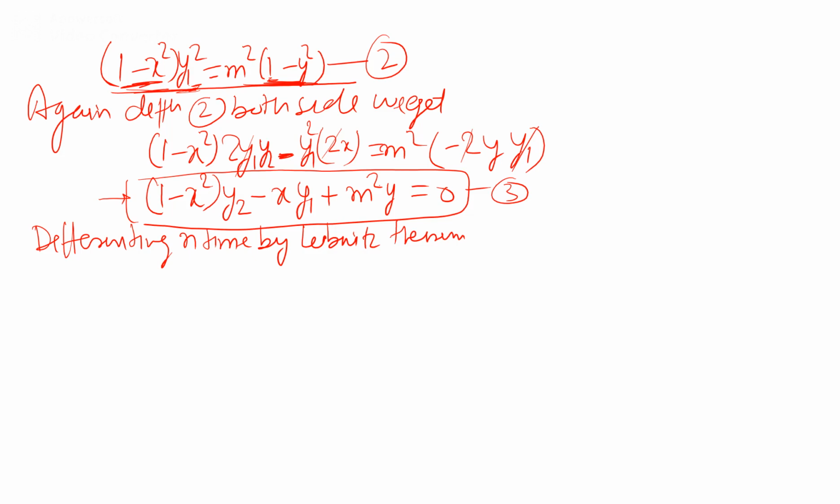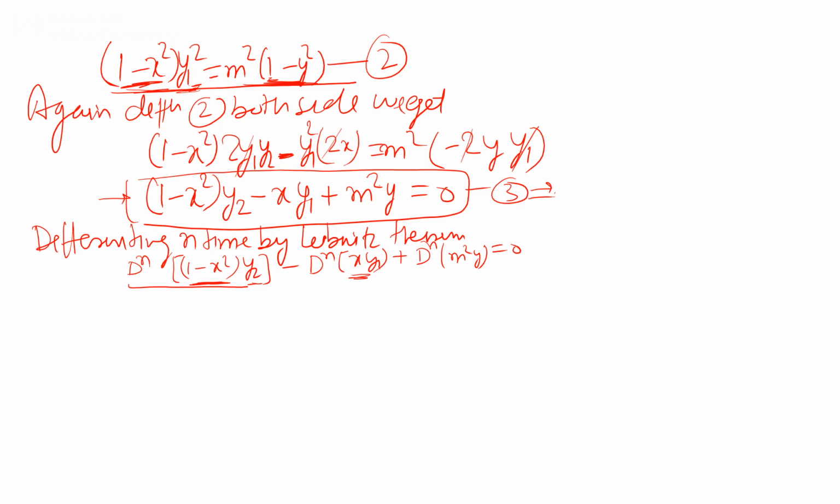So we write the nth derivative of (1 minus x square) y2, minus the nth derivative of x y1, plus the nth derivative of m square y. So on expanding this, you just apply the Leibniz theorem here. In the first function, (1 minus x square) into y2, you take y2 as u and 1 minus x square as v, and similarly for that second term.